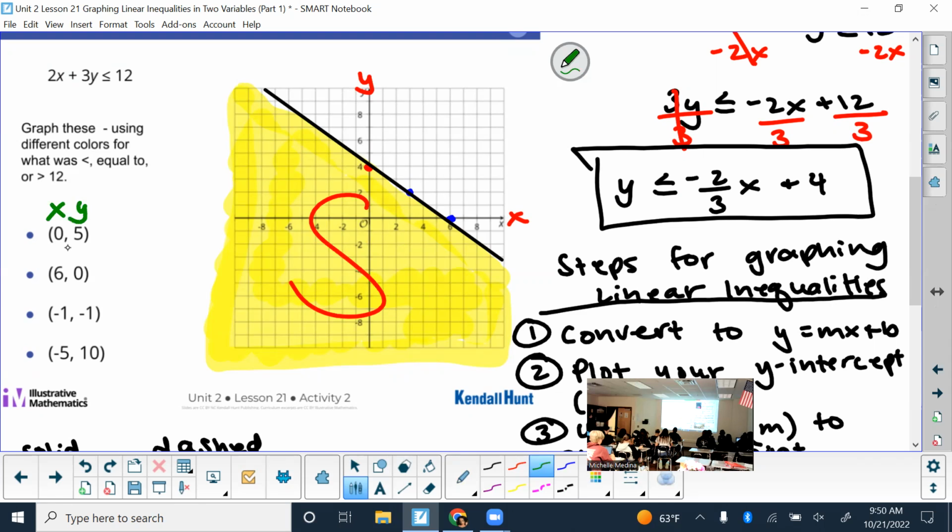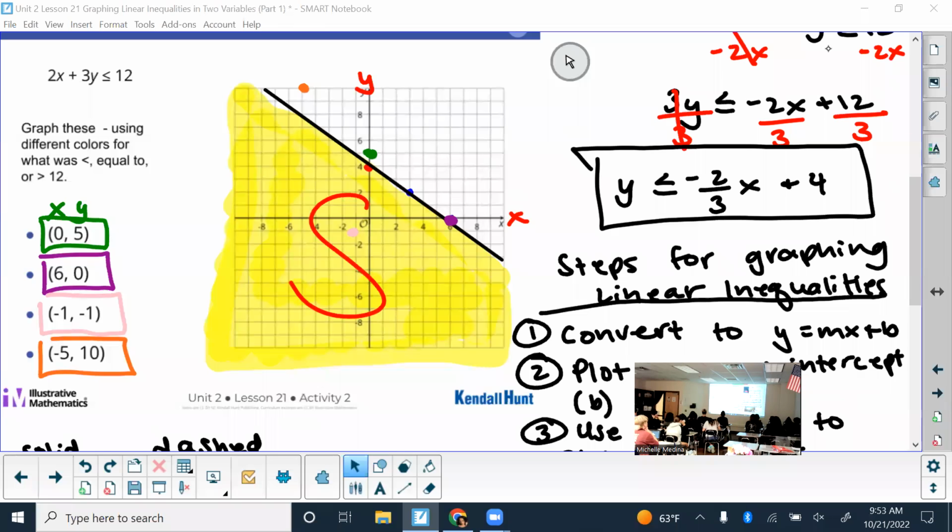X and then Y. So here's my x-axis. 0 on my x would be here. 5 on my y would be up here. And so I'm plotting that point. You can even label it if you want, because we're going to figure stuff out about this in a second. But plot the rest of the points.